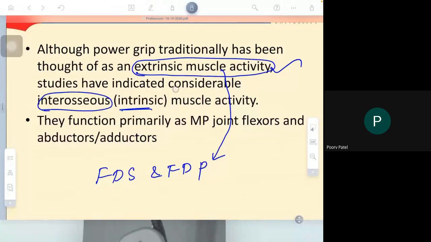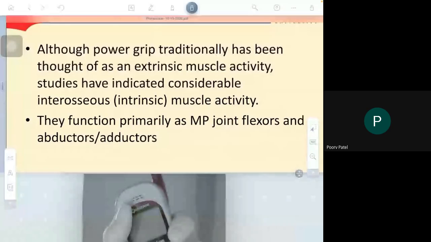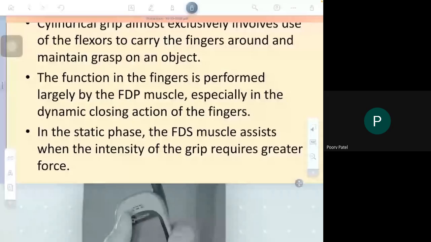Okay. So, in cylindrical grip, or in power grip, traditionally it has been thought only extrinsic muscle is used. That is what we discussed now, FDP and FDS.